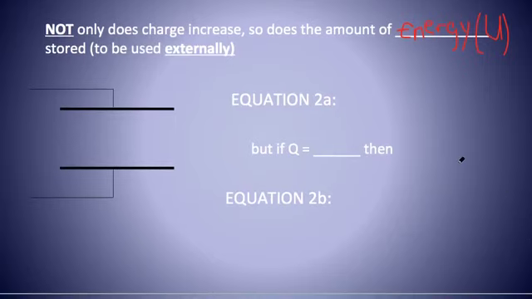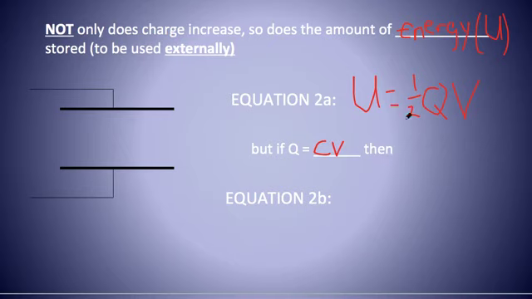So let's write that down, equation 2a. The energy stored in a capacitor is 1/2 Q times V. And we can express this another way because very often we don't know how much charge is stored in a capacitor, but rather we know the capacitance of the capacitor. So it would be useful to express it in terms of capacitance. So we know from the previous equation that the amount of charge stored is equivalent to the capacitance times voltage.